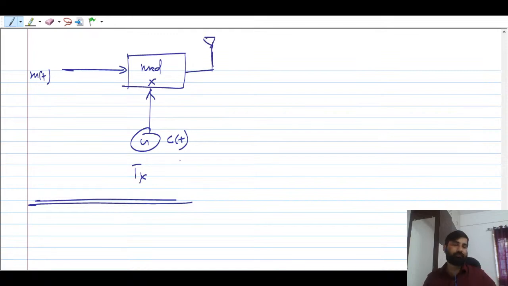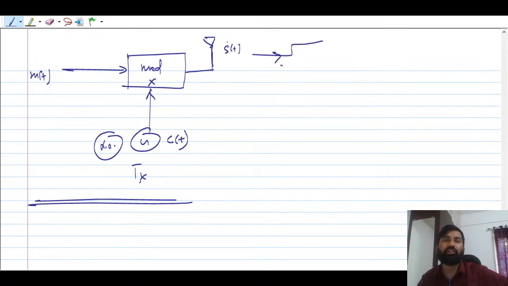You take the message signal, and this is the local oscillator, generating a high frequency carrier signal. You are multiplying, that is the product modulator. So here you are getting m(t) times c(t), which is s(t). s(t) is nothing but the product of m(t) times c(t). That is a modulated signal.